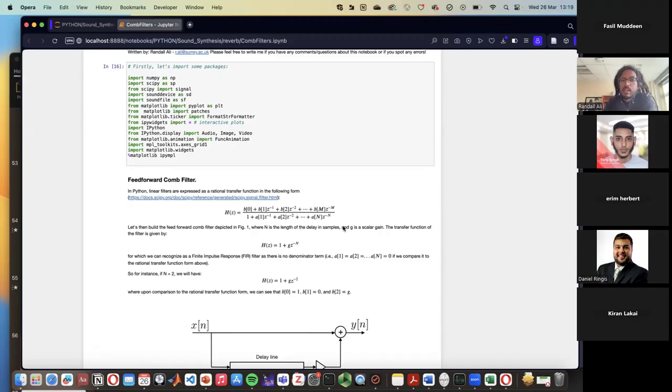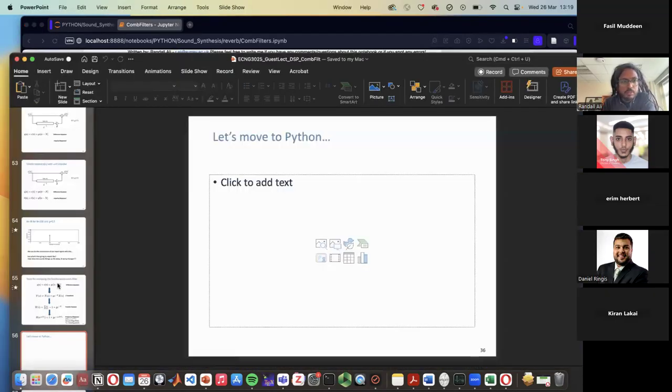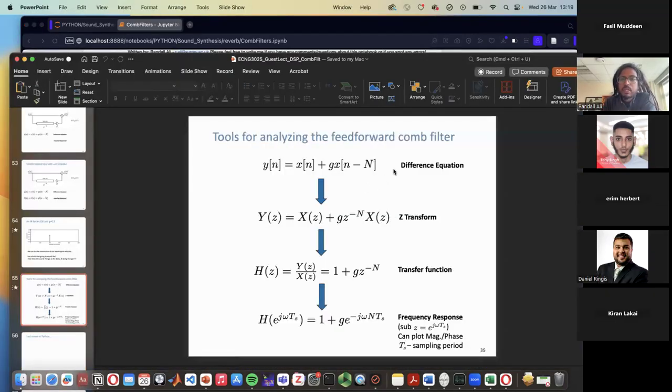Okay, great. So essentially I have B and A coefficients. Now in the filter I just showed you, the feed forward comb filter, all of the A coefficients are in fact zero, because if I look at this transfer function, it only has numerator coefficients, no denominator coefficients.